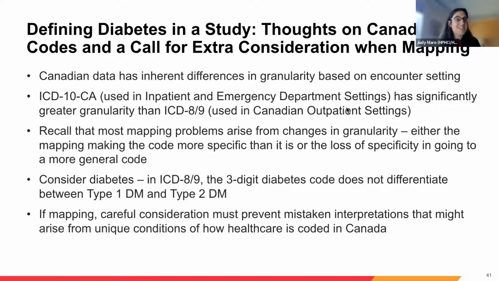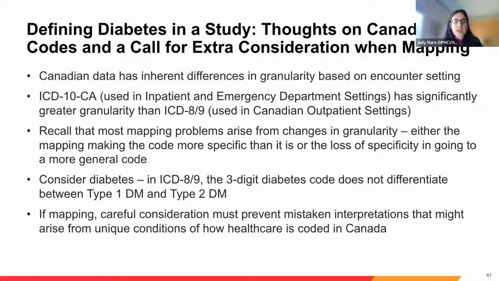And that has up to 6 digits. So it has quite a lot of codes, quite a lot of granularity. But in the outpatient setting, you are only using ICD-8 or 9, which sometimes is truncated to 3 digits at the most. And so this is the issue of where does this mapping create problems?